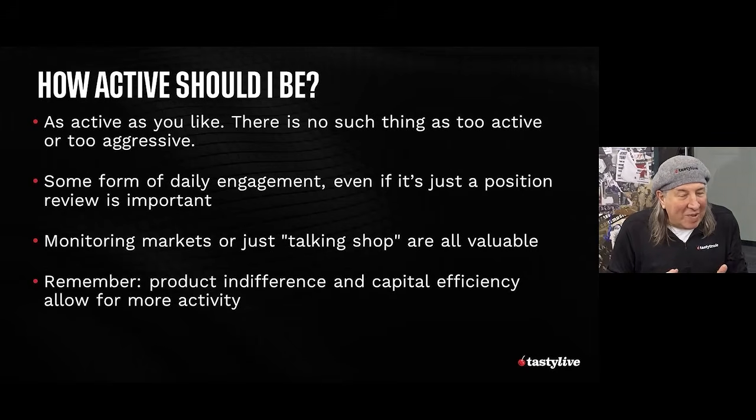The great thing about futures and futures options is they are almost all not correlated to equities except the indexes. That gives you all these other choices and all of them are capital efficient. So again, in your head, be product agnostic, be strategically indifferent, be capital efficient. All of those allow for more activity.